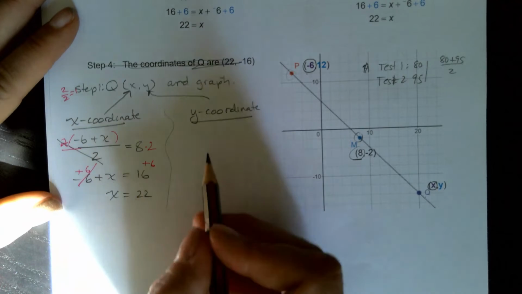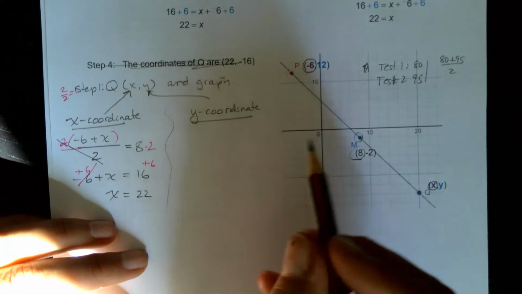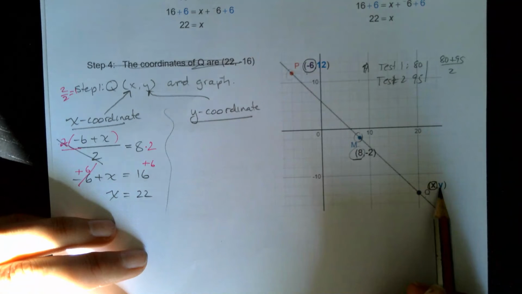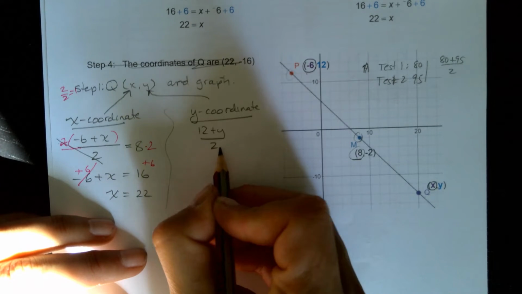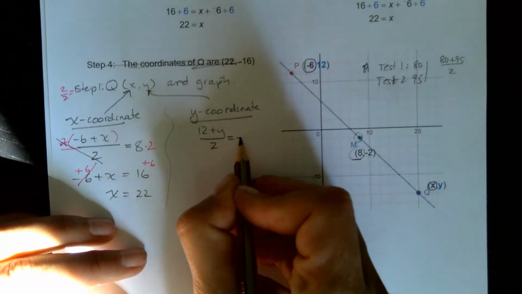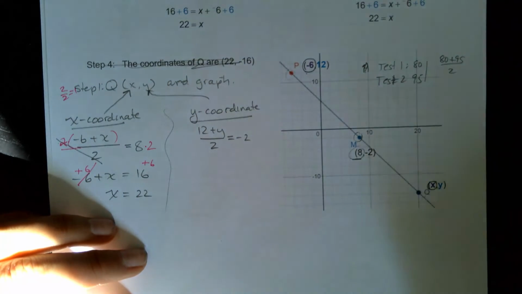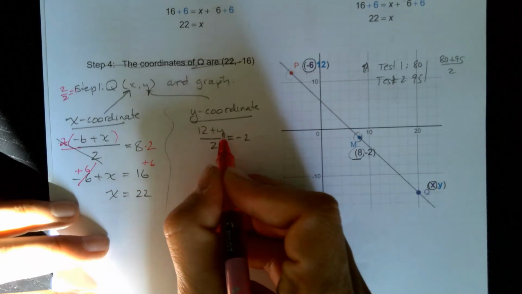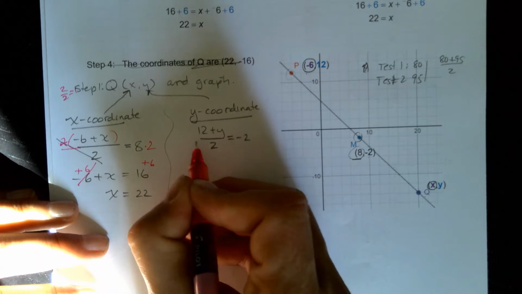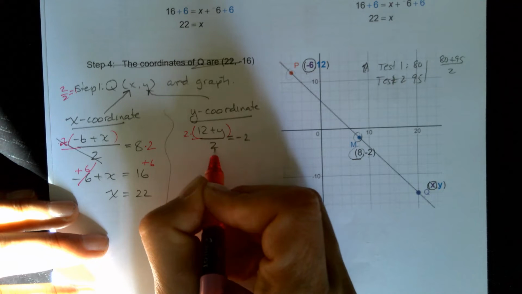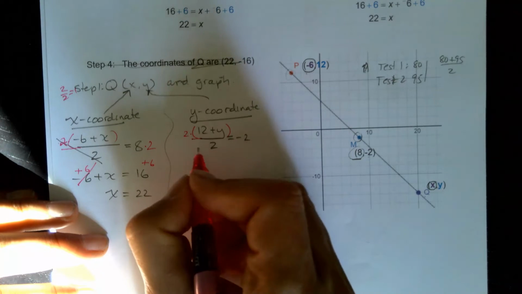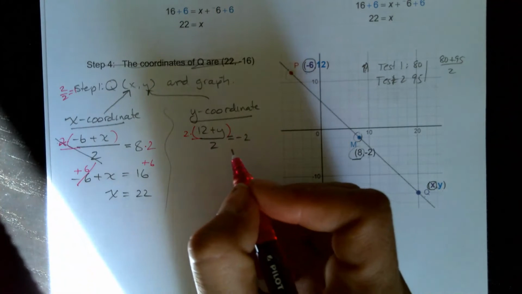Now I'm going to do the same thing for the y coordinate. So now I'm going to use 12 and y. There are 2 of them, so I divide by 2, and it's equal to -2. Now I have to solve for y. Same thing, I have to get rid of the 2. If I extend that, that's 2 divided by 2, which is 1, and it disappears because 1 times anything is the same thing.